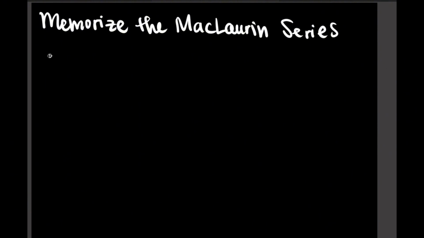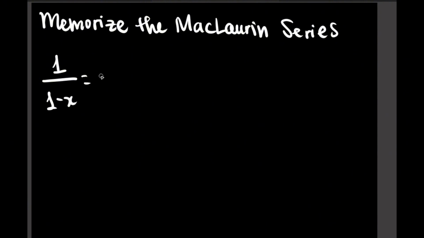So our first Maclaurin series, for the most basic series, is going to be 1 over 1 minus x. And this is like the base series that you need to memorize. When you can memorize this, you can use that in order to come up with other Maclaurin series for other functions as well.